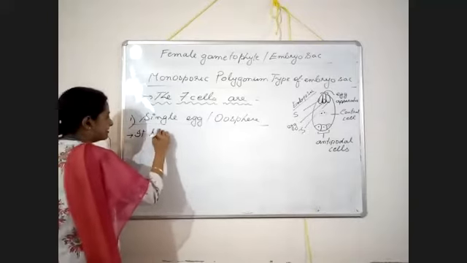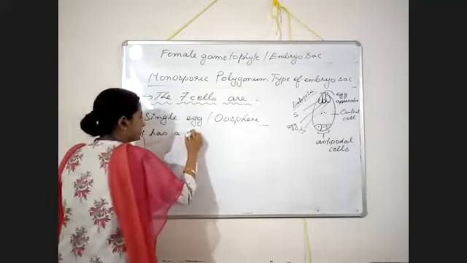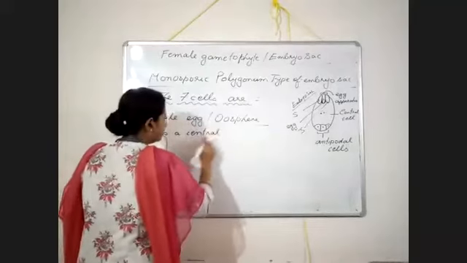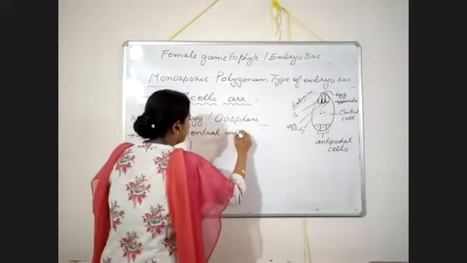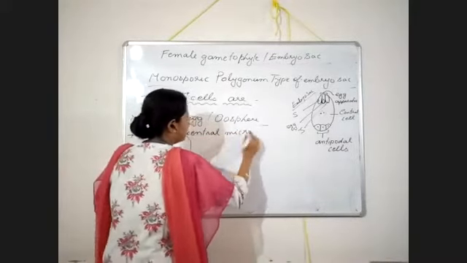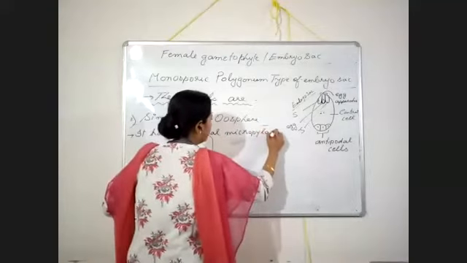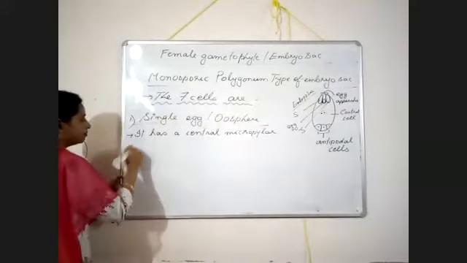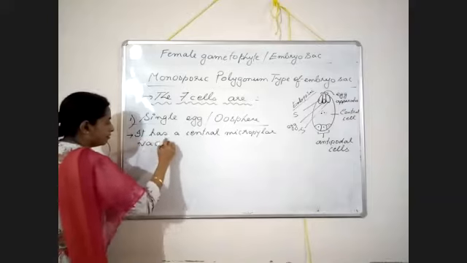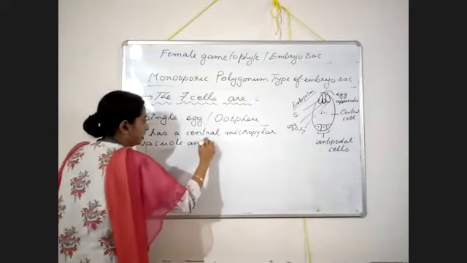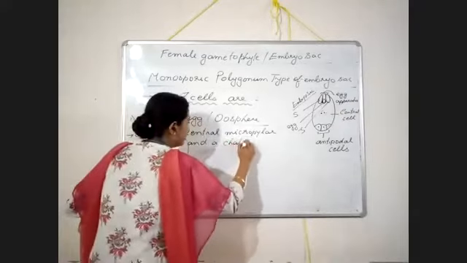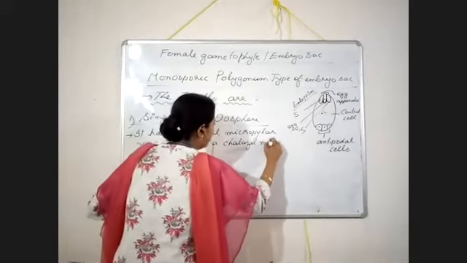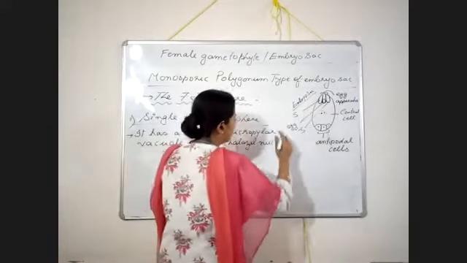It has a vacuole and a chalazal nucleus. So what we're doing here is discussing the egg cell.